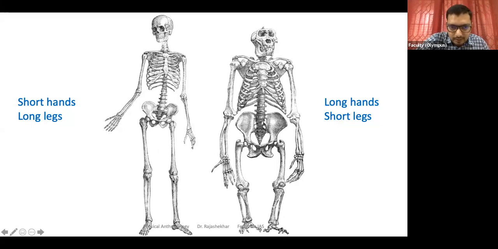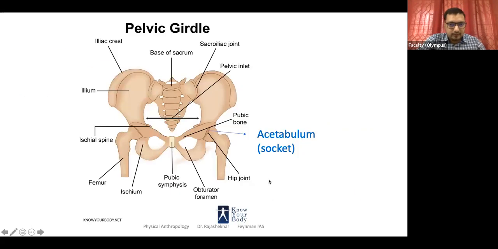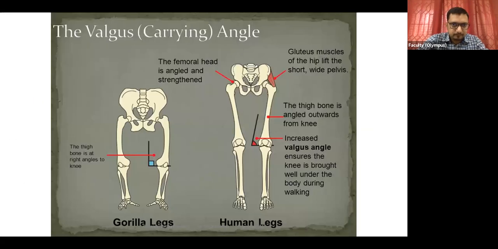Do you see the same angle? How are these actually, if our femur is placed on top of this joint? Do you see the difference between this and this? This is highlighted in one of the images here. The thigh bone is at right angles to the knee. If you see in the gorilla, we see almost a 90-degree angle in terms of placing there. Whereas we have a slightly outward angle.